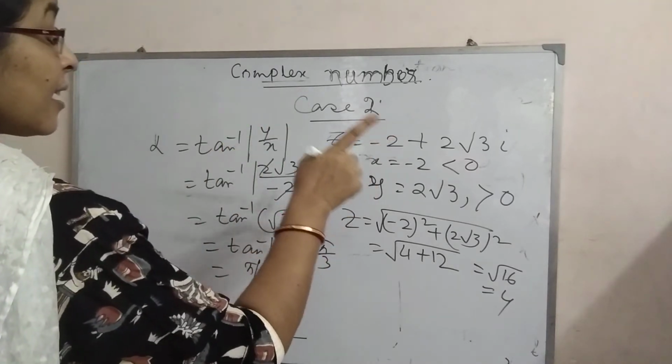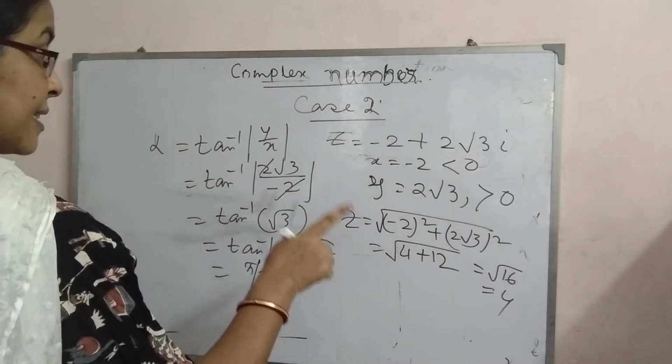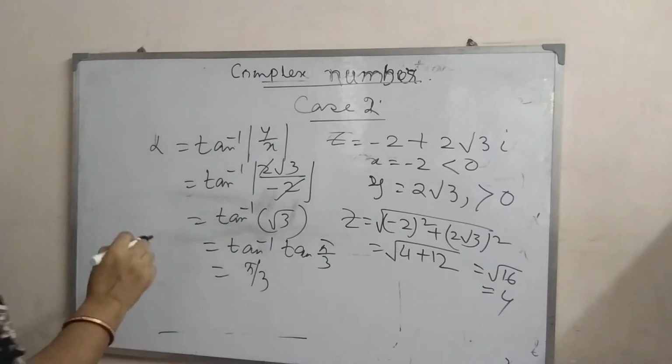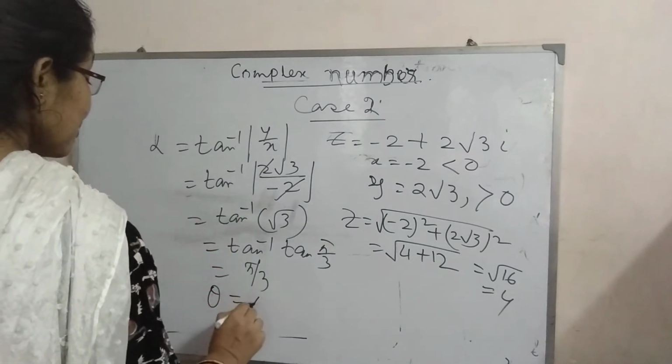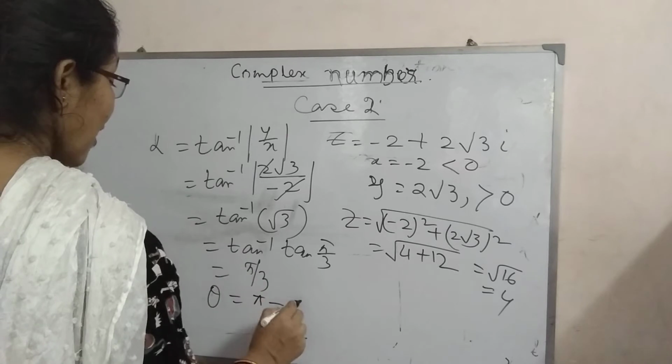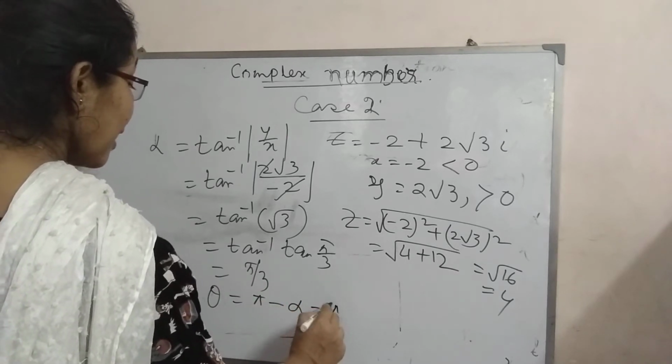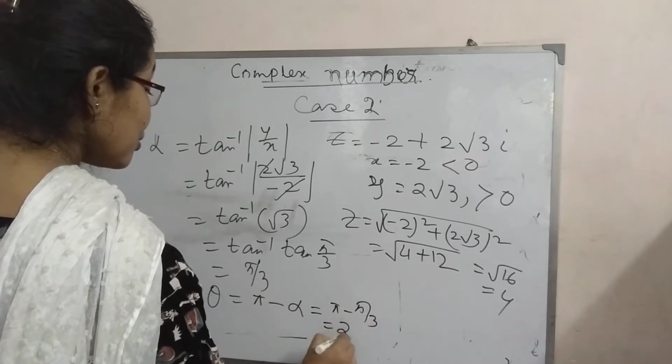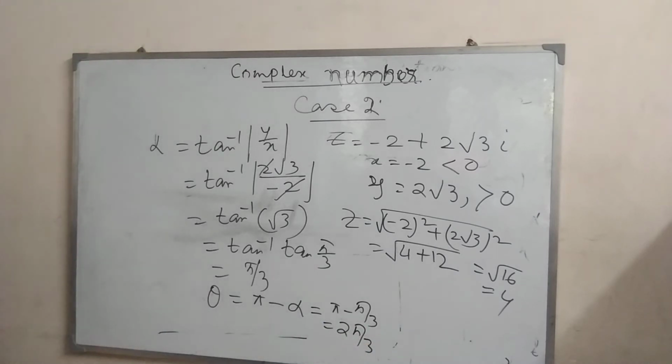Since P lies in the second quadrant, theta equal to pi minus alpha, that is pi minus pi by 3 equal to 2 pi by 3.